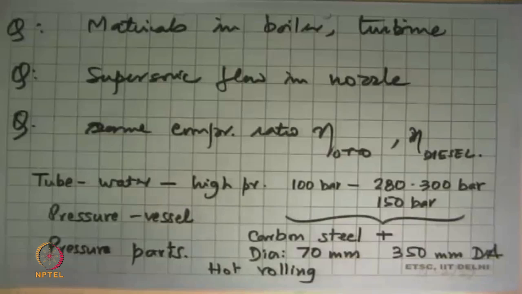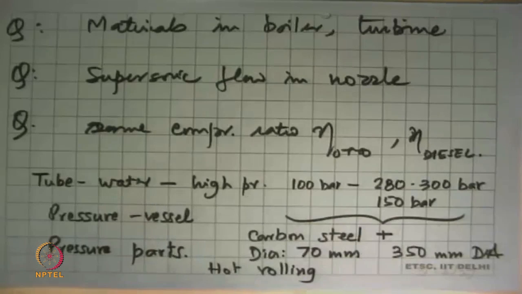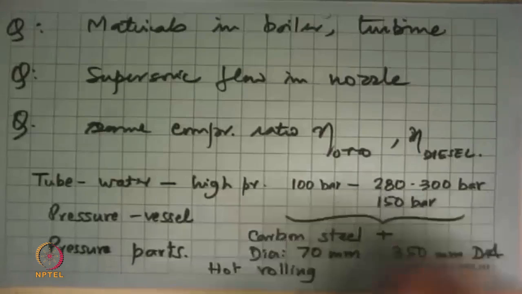All these tubes go to site, where they are put together and welded by hand. After welding, they are radiographed to see if there is any defect, and finally they are filled with water, which is pressurized more than the design pressure, what thermodynamics told us, to make sure that there is no leak.